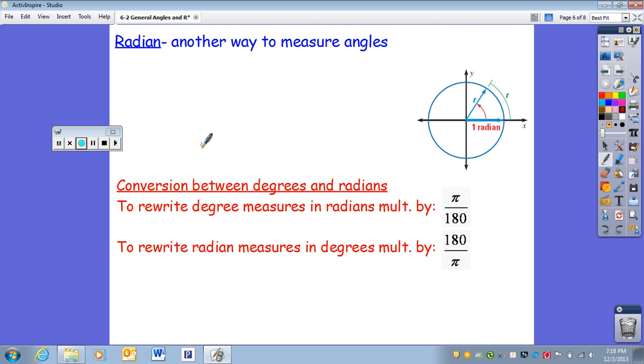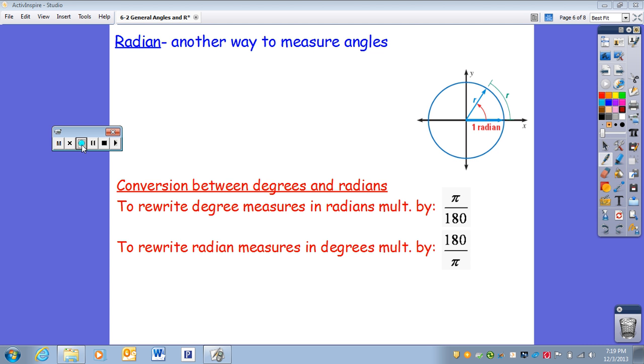Let's talk again about some other vocabulary words. We want to talk about a radian. A radian is another way that we can measure angles. So far, all of the angles that we've worked with have been measured in degrees, but we can also measure in radians.